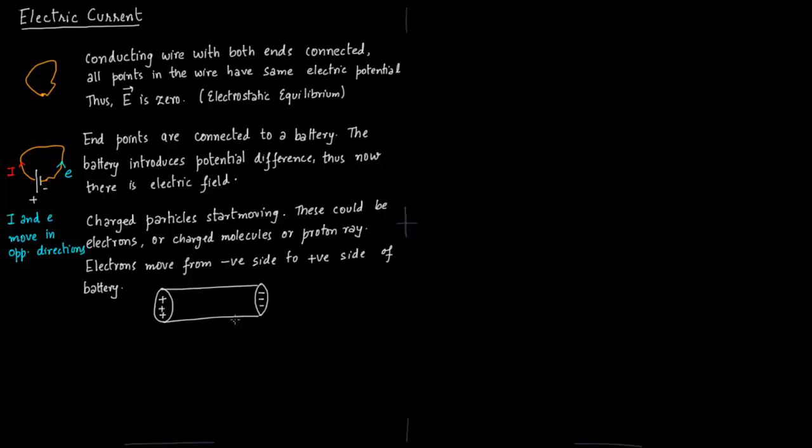One end is positively charged, the other end is negatively charged. So you have current moving from positive to negative. The electric field, drawn in red, is also from positive to negative, and electrons are moving in the opposite direction. Electrons are drawn in blue.